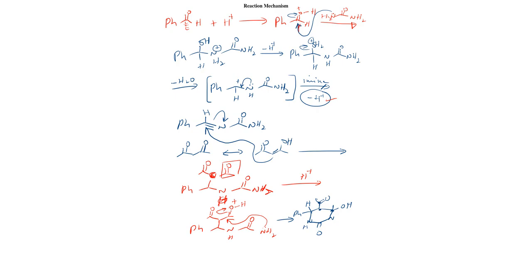This part comes from the 1,3-diketonic functionality, this part comes from urea, and this part comes from aldehyde or benzaldehyde. As the reaction takes place in the presence of acid, this OH will be protonated first, and by a dehydration reaction a double bond will be formed here. The resultant product will be the pyrimidone ring.